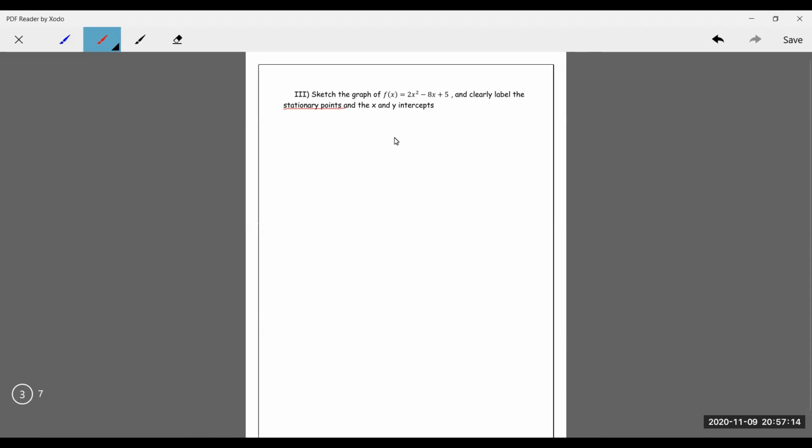Easy. So first and foremost, I just like to start with my axis. I start with my x-axis and my y-axis. So y, x. Now look at this now. Because the graph has a positive coefficient for a, right? This is 2. And so what I know is that it's going to be a minimum point, right?